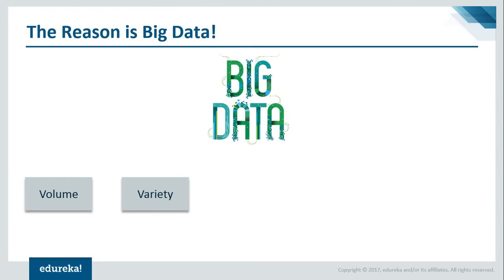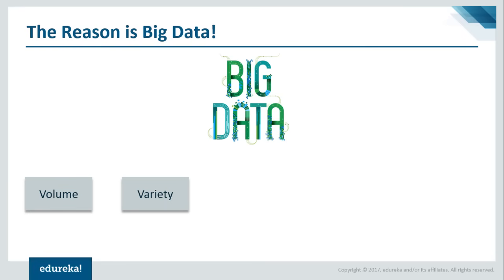Then comes variety. As there are many sources contributing to big data, the type of data they generate is different. It can be structured data, semi-structured data, or unstructured data. Actually, 90% of the data generated is unstructured. For example, your images, videos, and audio files are all unstructured data.